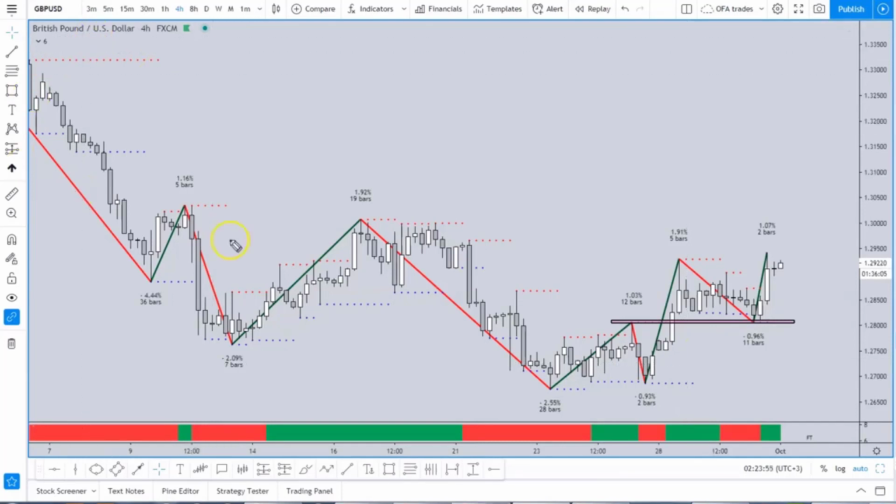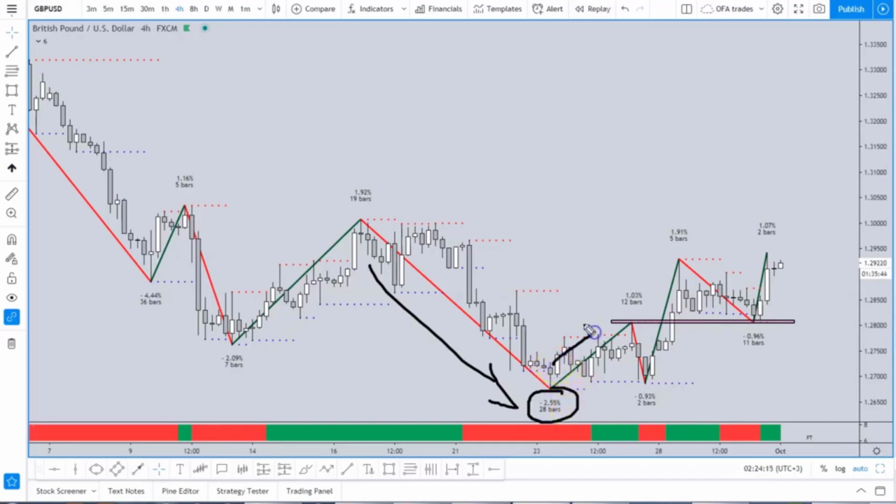So let's find out what transpired in this market in the 4-hour. Remember, this is going to be the 4-hour chart in the pound against the US dollar. What we can observe right off the go is that we had a very pronounced leg lower. It achieved minus 2.55% in 28 bars.